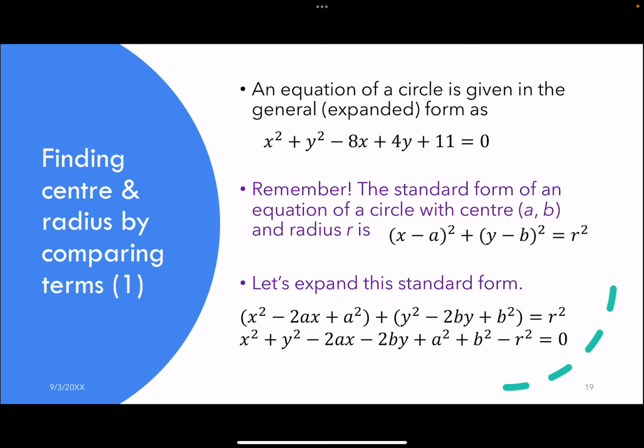So let's gather the terms together, where we have x squared plus y squared written first, then minus 2ax, then minus 2by, then all the constant terms which are without x or y. So we have a squared plus b squared minus r squared. We will write them together, making sure that we put a 0 on the right hand side so that it matches the equation that we were originally given.